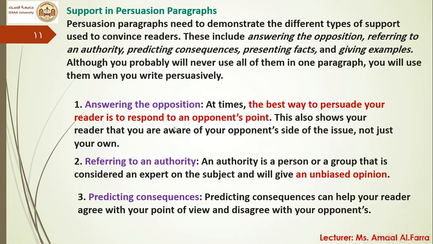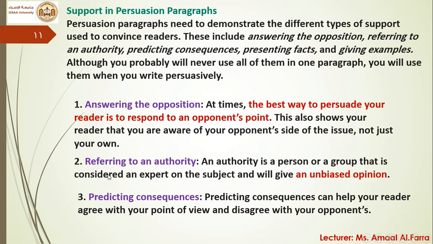It is good that when you use persuasion, you mention not only your point of view, but also your opponent's point of view. When you present your opponent's point of view, you convince your reader that you are aware of your opponent's side of the issue, not only yours.